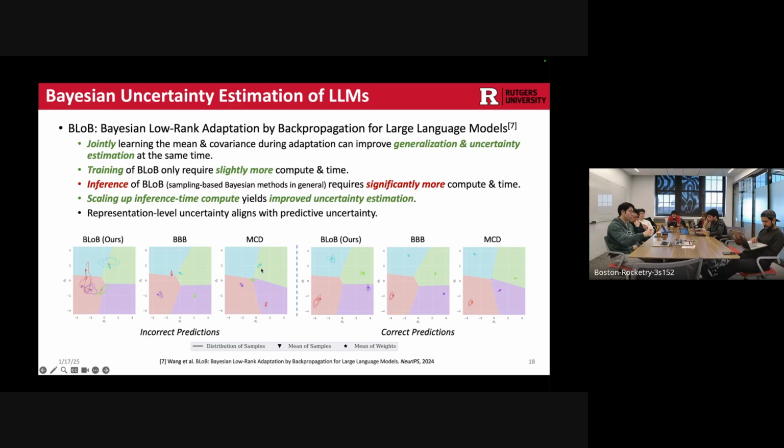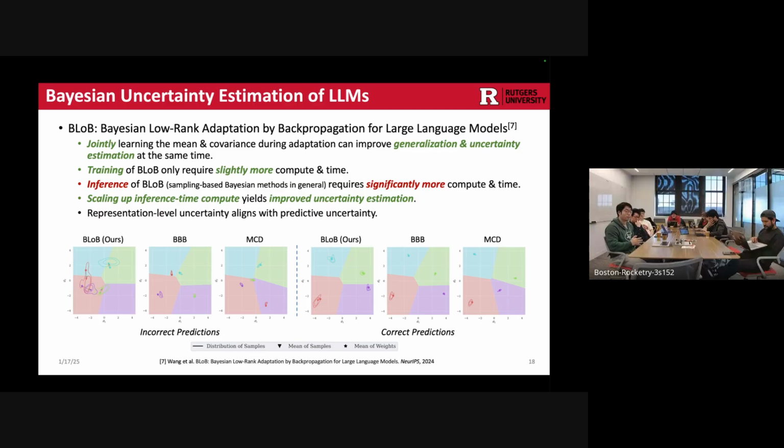But the MC dropout and also the naive Bayes backprop don't show such a property. For the correct predictions, your representation's variance is smaller than for the incorrect predictions. So it actually shows this alignment of the representation level uncertainty and predictive uncertainty.